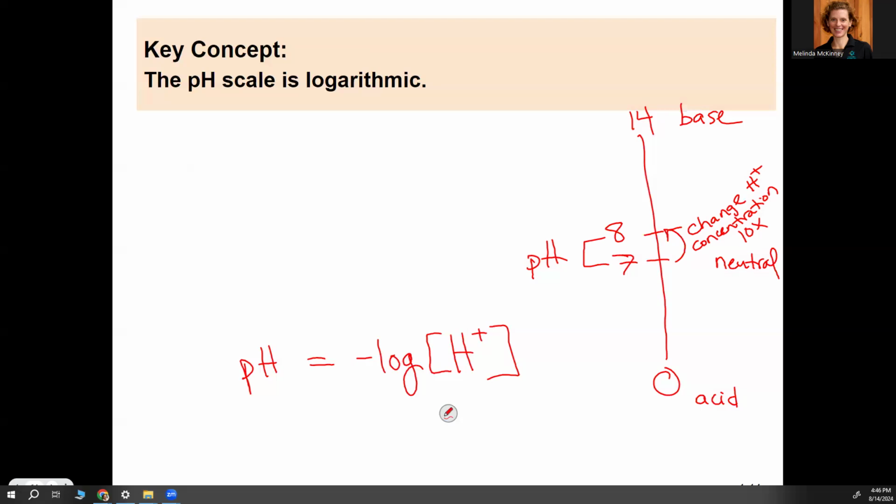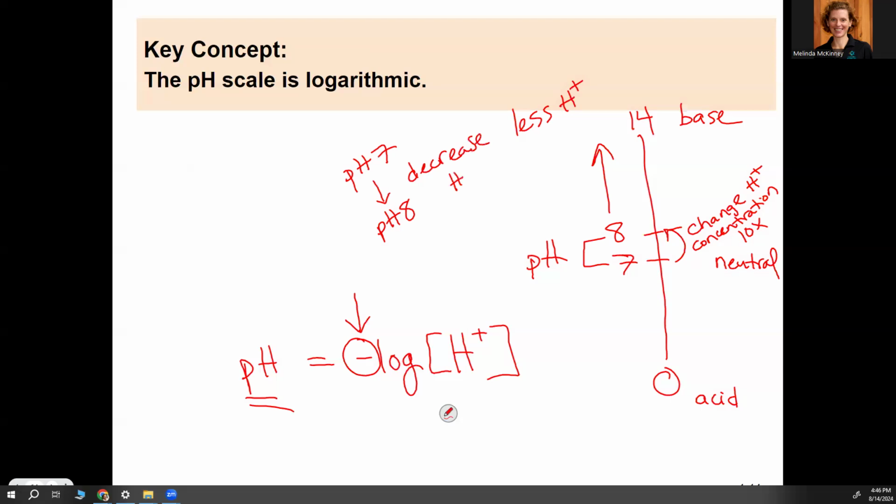Now, because the logarithmic function is negative, just by definition, that means that as you go to a higher pH, you're actually going to have fewer hydrogen ions in solution. Okay? So if you go from pH 7 to pH 8, you're going to decrease the hydrogen ions by 10 times.